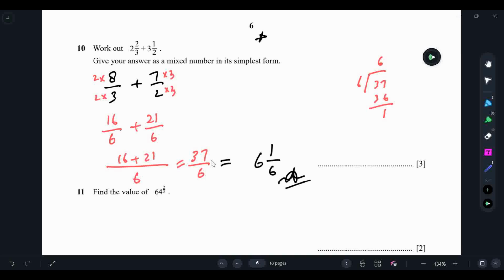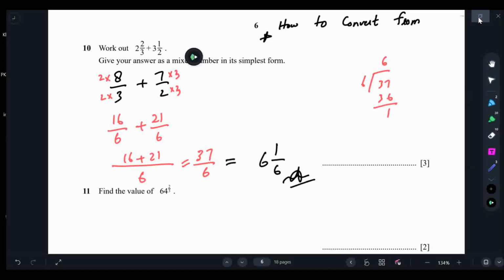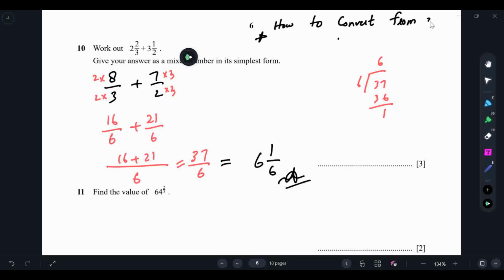Now from here we can note down one thing, that we must understand how to convert from a fraction to a mixed fraction.